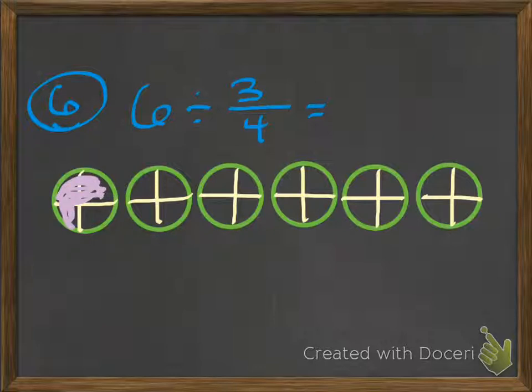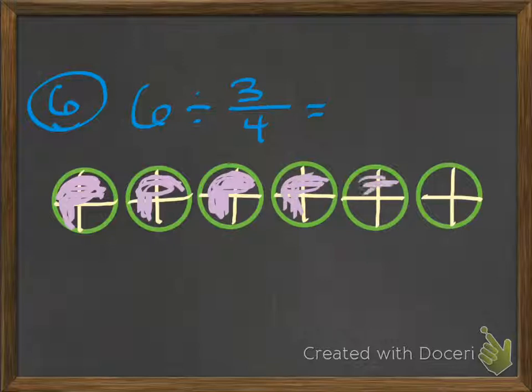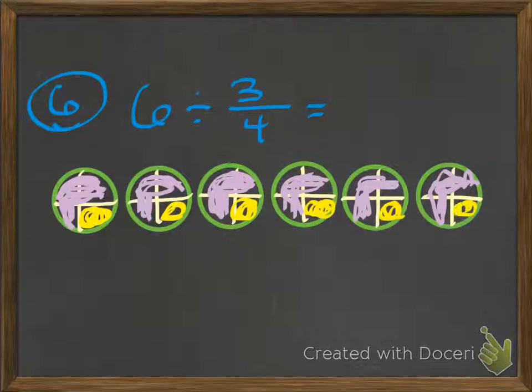So that's 1 3/4, then 2 3/4, 3 3/4, 4 3/4, 5 3/4, 6 3/4, and then I've got all those extra pieces just hanging there. So 7 3/4 and 8 3/4. So it should equal 8 3/4.